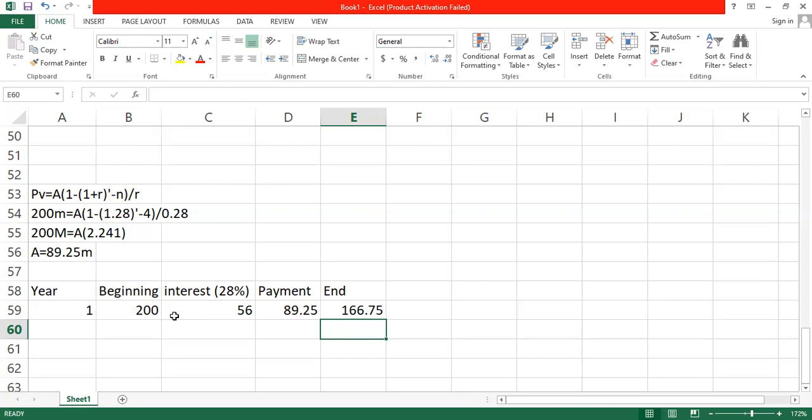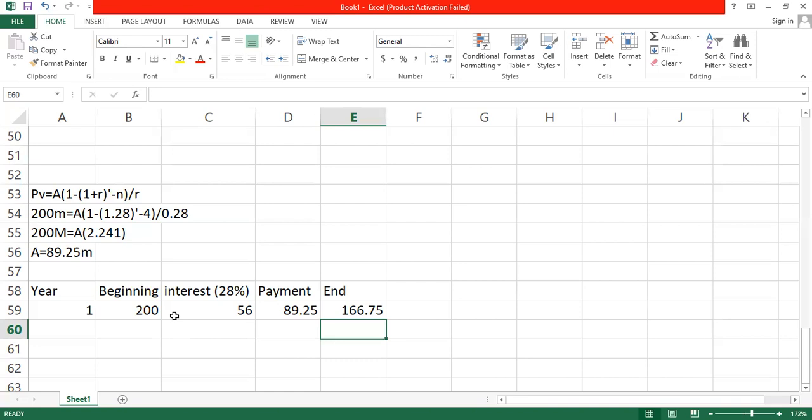From the beginning to the end, you will still be owing the bank 200 million, and the bank is charging 28% interest. So you'll be owing the bank interest of 28% on 200 million, which is 56, isn't it? Yeah. So at the end of the year, you're supposed to be owing the bank the principal, which is 200 million, plus the interest charge, which is 256.